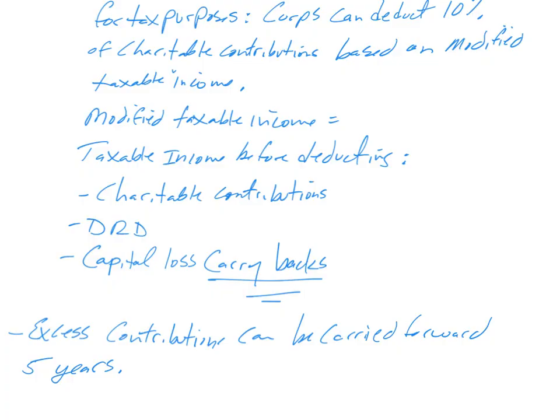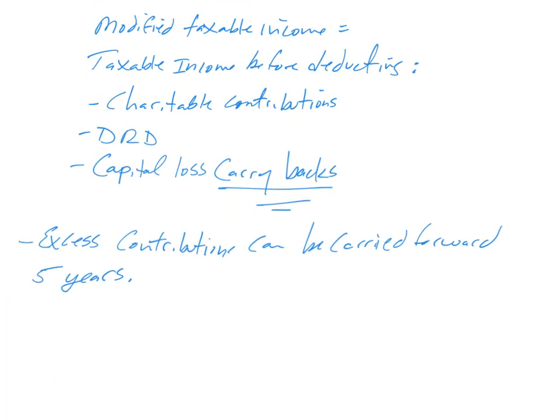Well, we have to go back and calculate, back here where we were looking at our charitable contributions, what do we know? Well, we know that our charitable contributions are limited, right, to 10% of that income before charitable contribution and dividends received deduction.